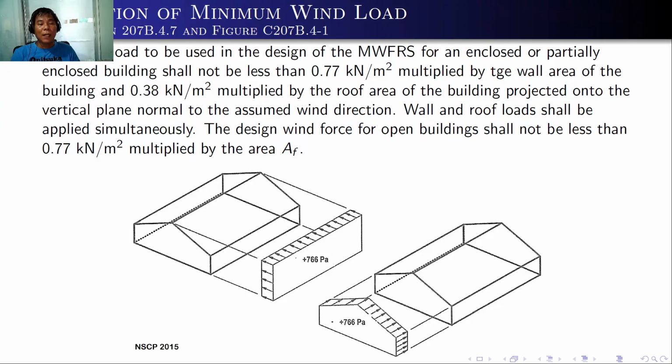Take note, the design wind force for open buildings shall not be less than 0.77 kilonewton per meter square to be multiplied by the area Af. So you can see how it will be applied in a certain building. It will always include the roof.